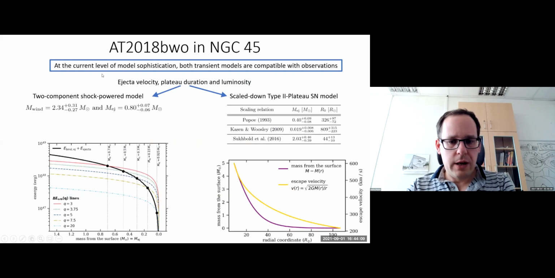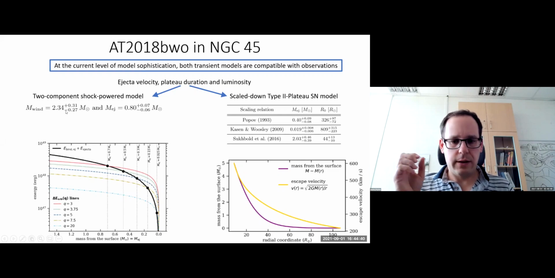So now we can go to the properties of the transient, and we can model or describe the observations to obtain ejecta velocity, duration, and luminosity of the plateau. So we have these three observed quantities, and we can invert the analytic relations that we have in the two models to get some properties. First, in the two-component shock power model, we get masses of the two components.